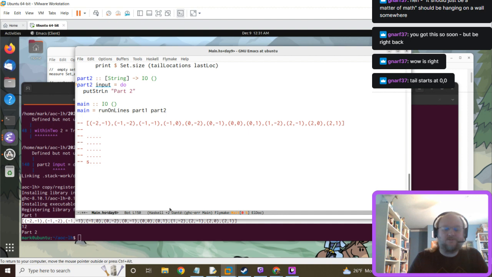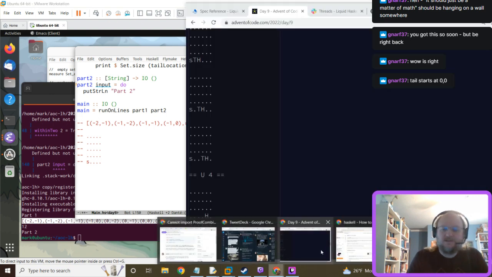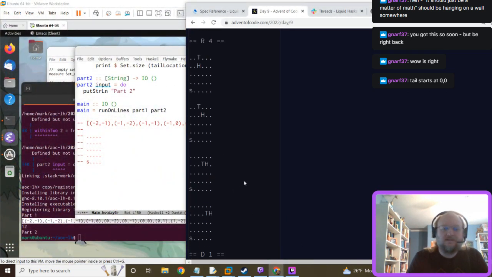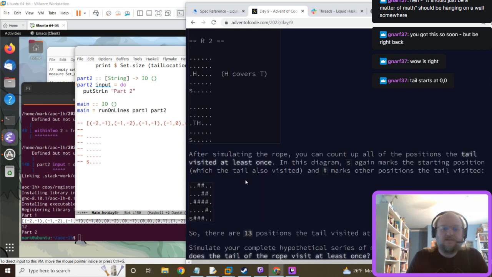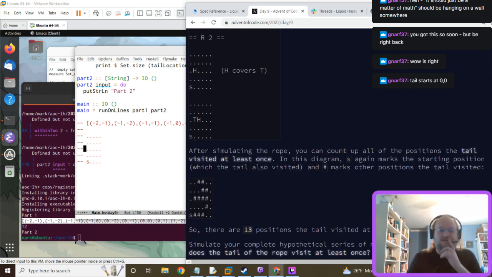Negative 2, negative 1. Yeah, we never exit the quadrant. Something screwy there.